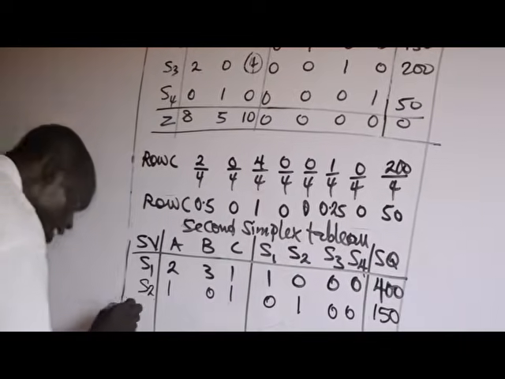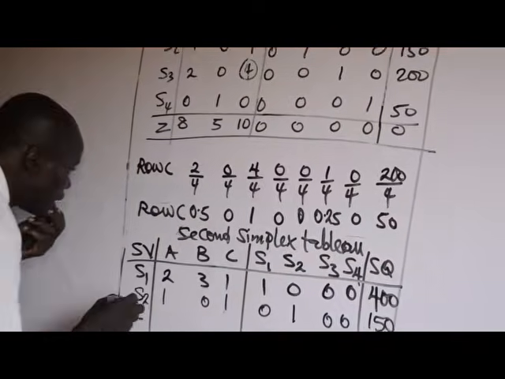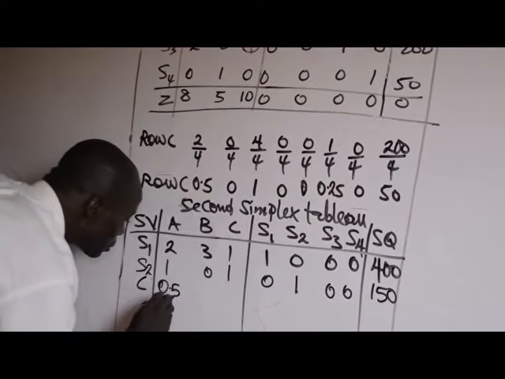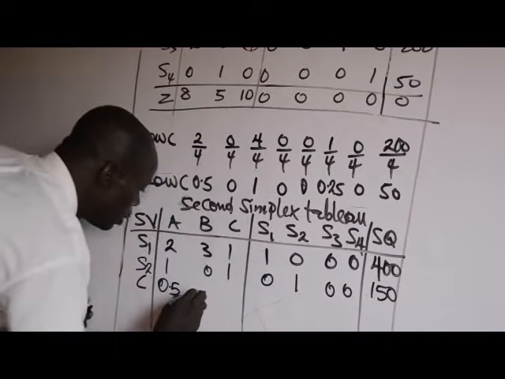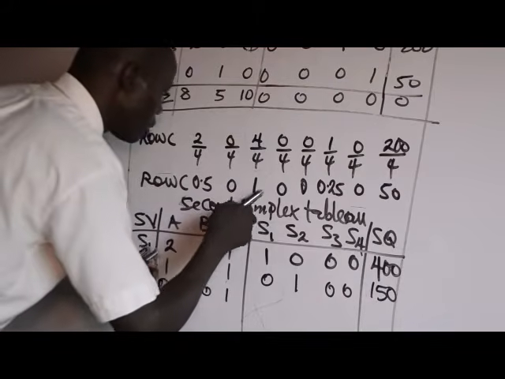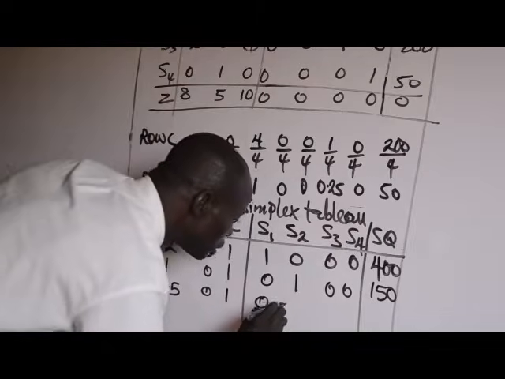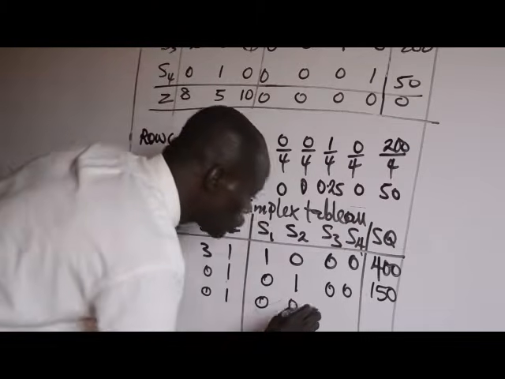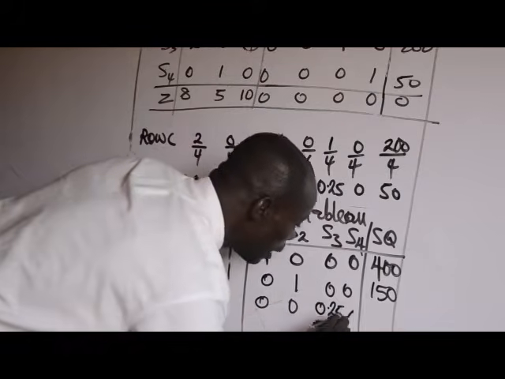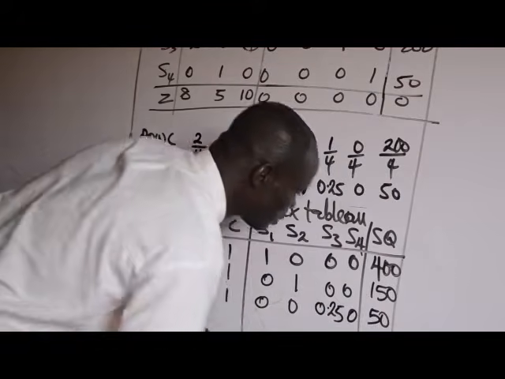So our row C now is 0.5, 0, 1, 0, 0, 0.25, 0 and 50.